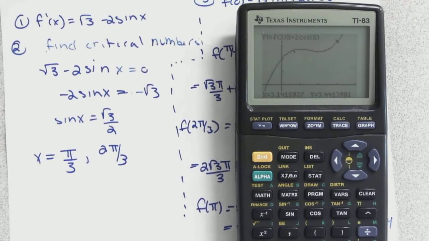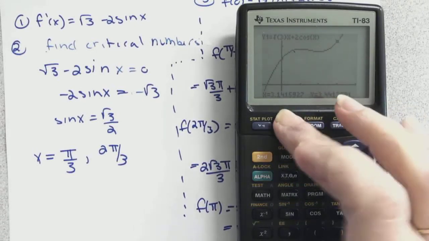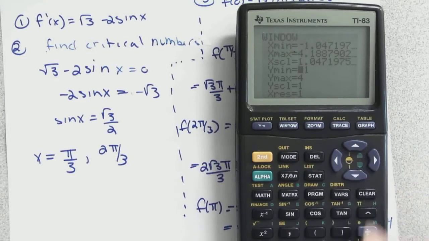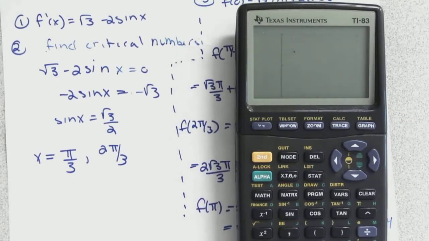Now I'm going to zoom in just a little bit on the graph itself. Instead of going all the way down to -1, I'm going to go just between 2 and 4. I zoomed in to show something else here. Let's go to trace, and let's go to pi divided by 3, which is one of my critical numbers.